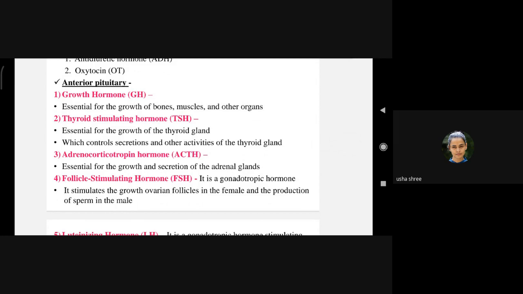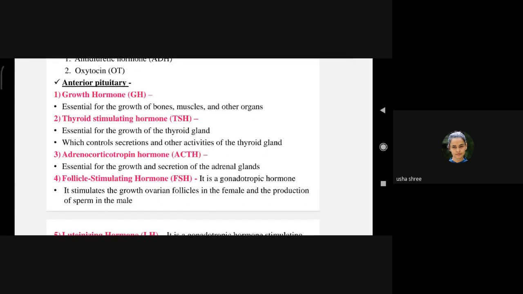The brain is stimulating hypothalamus. Hypothalamus is producing corticotropin releasing hormone, adrenocorticotropin releasing hormone. Then this hormone is coming to pituitary. Pituitary is secreting adrenocorticotropin hormone. Now this hormone is coming to adrenal gland. The cortex of adrenal gland is producing cortisol.